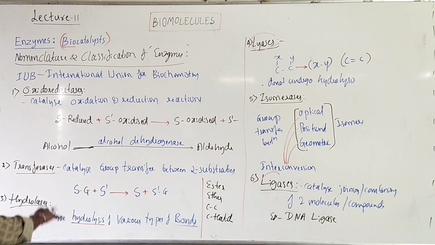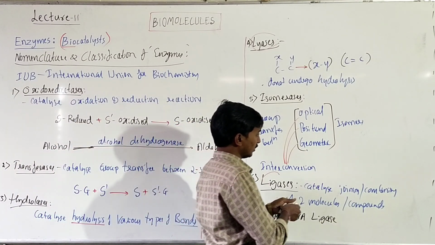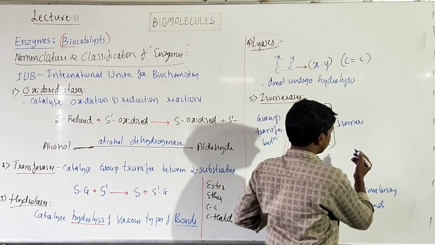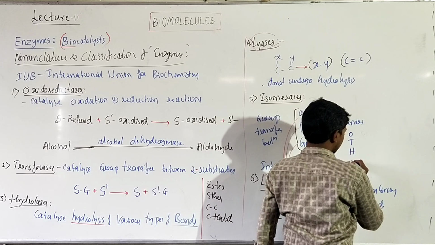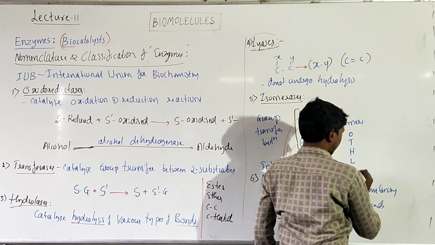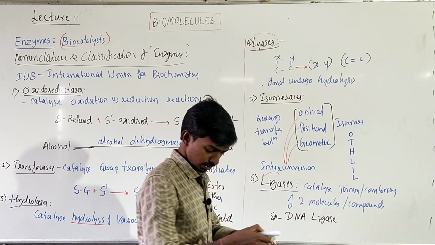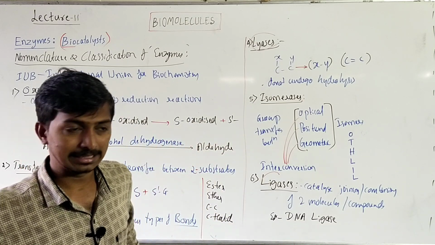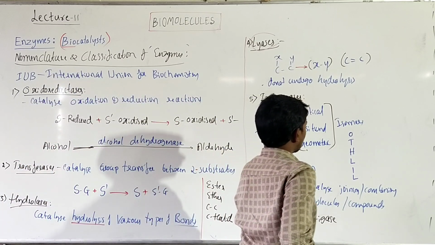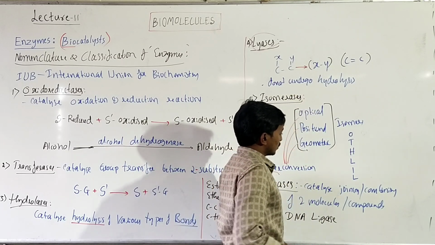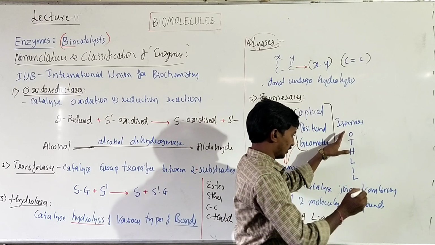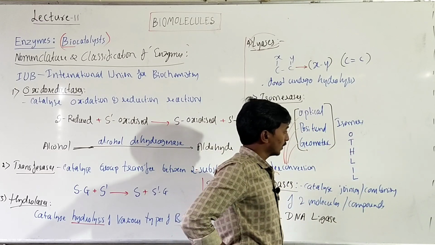To remember all these six categories, there is a trick called OTHLIL. So the trick is OTHLIL. Remember this word OTHLIL.